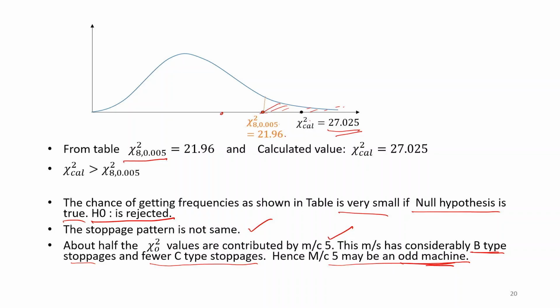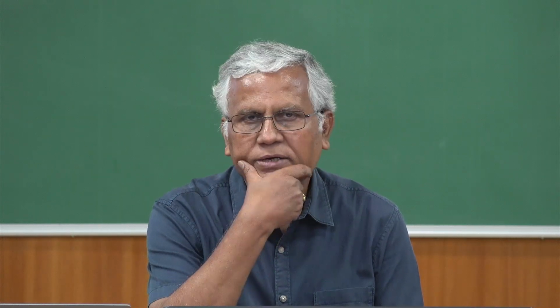So with this, we are going to close this discussion. The chi-square test you have already learned earlier. We are only applying the chi-square test again in a different kind of situation. So you see that there are situations where the chi-square distribution is going to help us. We can do a chi-square test and find out whether the behavior of the machines is exactly the same or not.